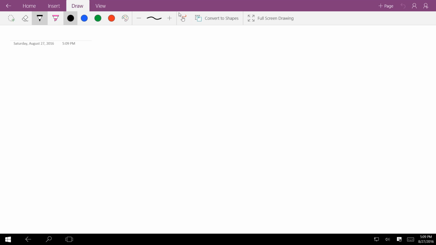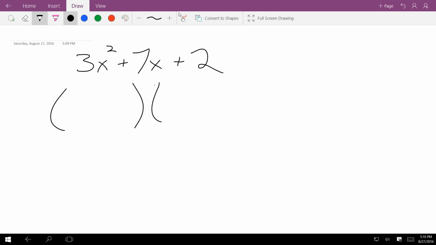I have 3x squared plus 7x plus 2. All right, this is a second level quadratic. In other words, I'm not getting rid of that 3, right? Right. So the first two steps are still relatively the same. I'm going to break up 3x squared.